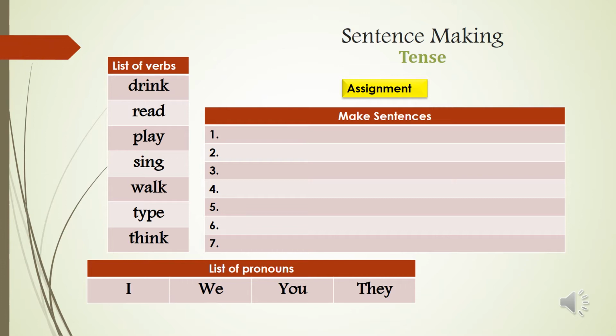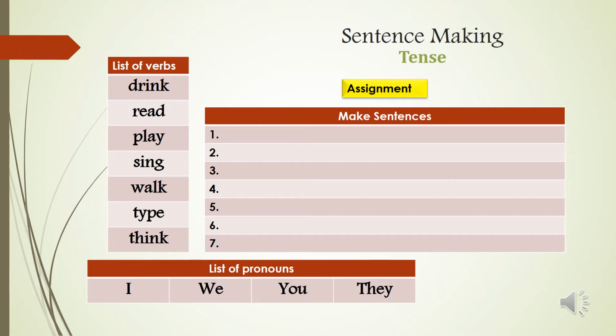I have given you a list of pronouns. You just use these words, these pronouns, as subject and form sentences with the list of verbs given in the column. The list of pronouns are I, we, you, they.